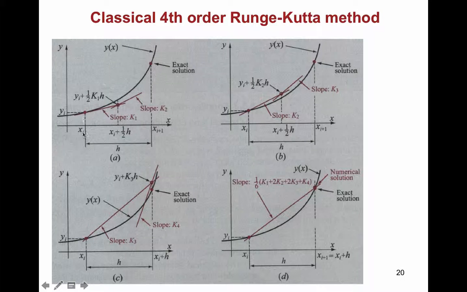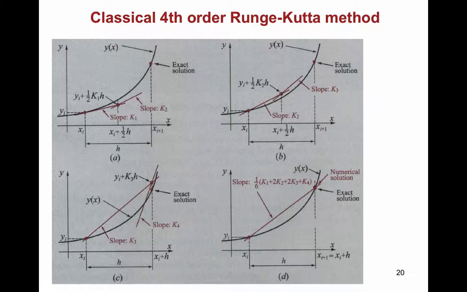So here I am at the spot xi, yi. I take this slope that is f of xi, yi. That's the slope that Euler's method would give me. And I take it only half of the way to here. Here, I estimate what my slope would be. It would be f of this point, xi plus 1/2 h, and yi plus 1/2 k1 h. Great.